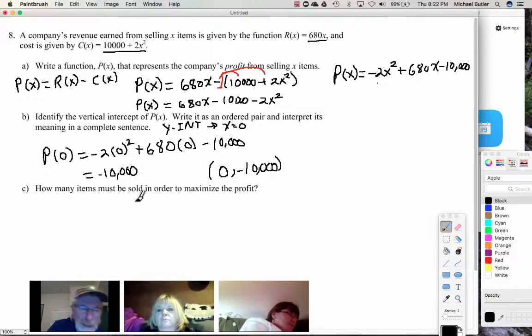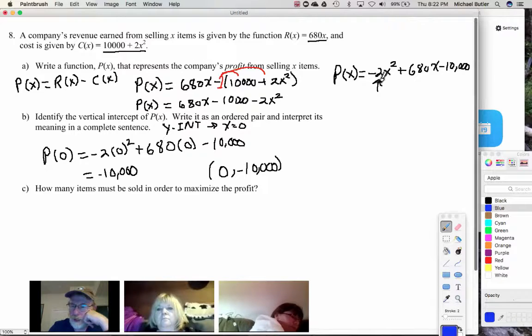Okay, so how many items must be sold in order to maximize the profit? Okay, so let's stop for just a second and talk about this particular function up here. If we look at P of X, we see that the leading coefficient here, the A, is less than 0. And when A is less than 0 on a parabola, we know that that's its shape.